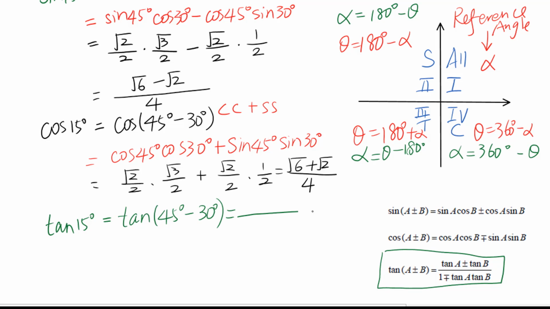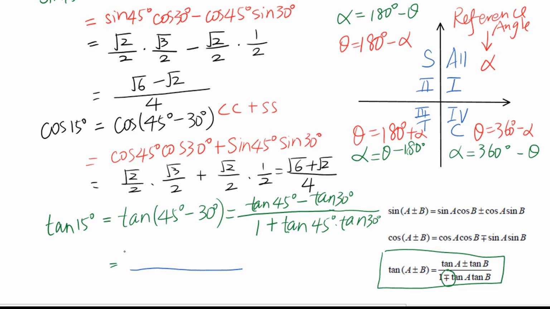So we get tangent 45 minus tangent 30 degrees, over 1 plus, the sign will be different, tangent 45 degrees times tangent 30 degrees. We know tangent 45 degrees is 1. So 1 minus tangent 30 degrees, which is square root of 3 over 3.